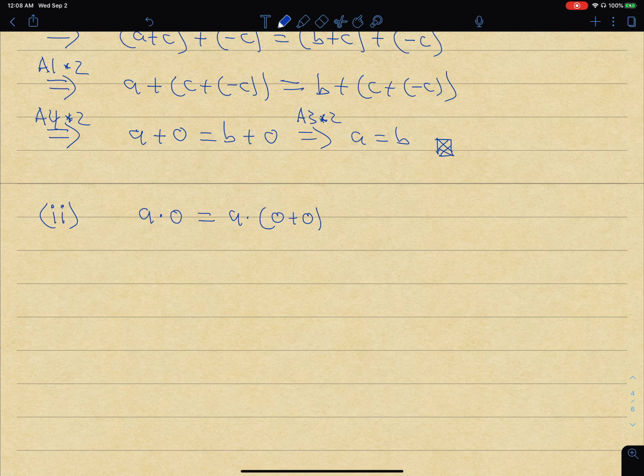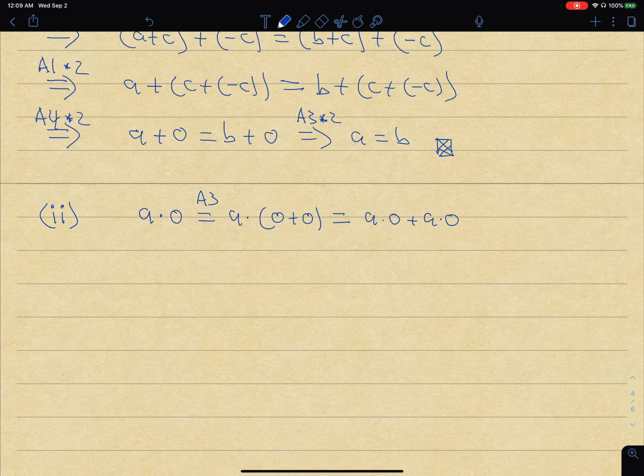Because adding 0 to anything will give me that anything. So that is property A3. Okay, and then now the distributive law says that I can distribute. So this is A times 0 plus A times 0. All right, so we have this.